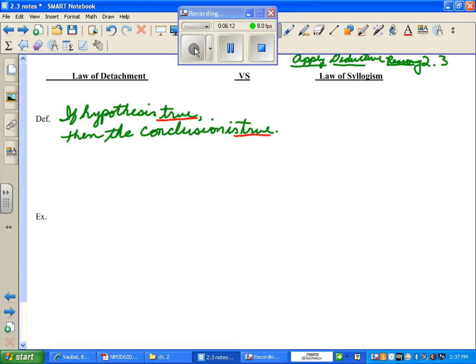So an example would be you have, if two angles are right angles, then they are congruent.